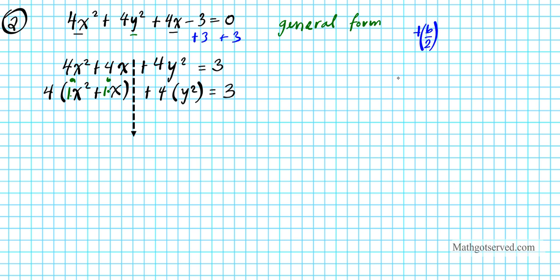In the x world, the b of the x is 1. So to create a perfect square trinomial inside this parenthesis, you divide it by 2, which is 1/2, and then you square it. Okay? So what is 1/2 squared? If you square 1/2, you get 1/4. So this creates a perfect square trinomial inside here. So we're going to have 4 times x squared plus x plus 1/4.